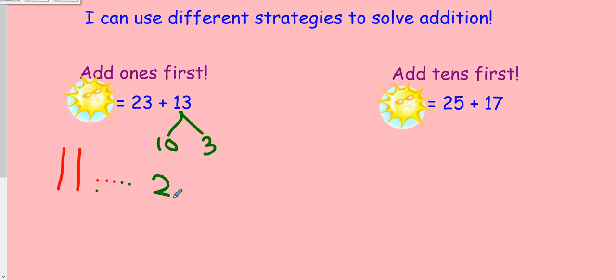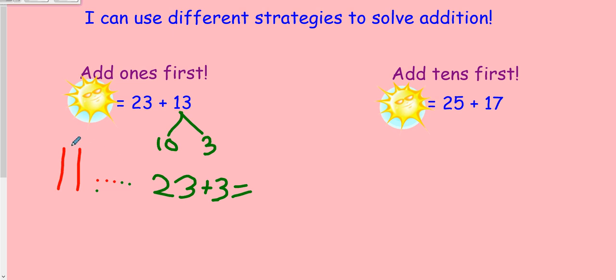Let's write the number sentence to show what we just did. We had 23, and then we added 3 ones. We can use our picture to help us, and we can count on from 23.